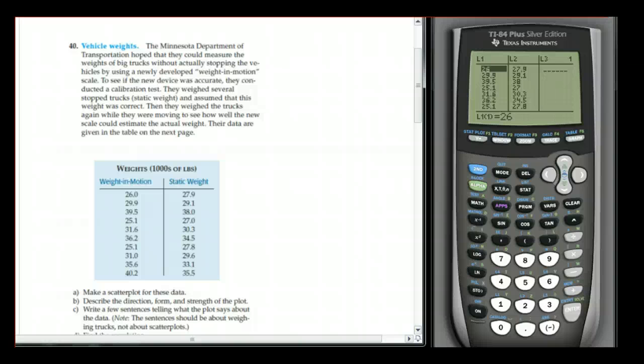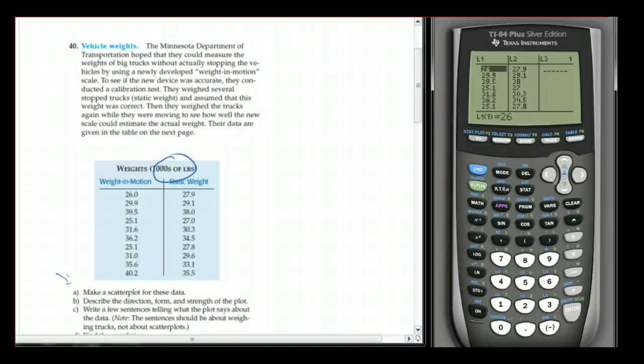Okay, the data are given in the table on the next page. So we have the weights in pounds here, and let's see what the first question says. Make a scatter plot of these data. So again, I'm not going to waste your time here. I already put the weight in motion in list 1 and the static weight in list 2.